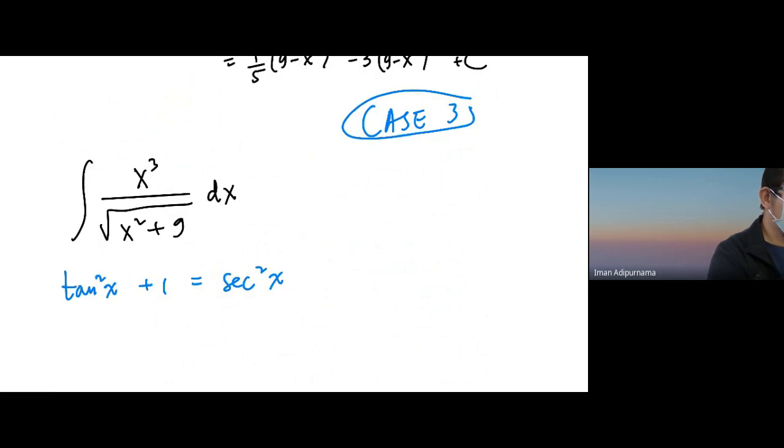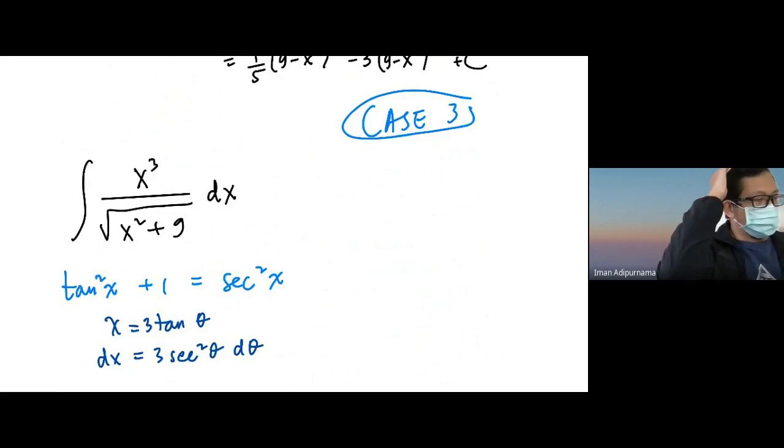So if we let x be a tangent, in this case we need 3 tangent theta because of the constant 9, right? So dx will be 3 secant squared theta d theta. This will be our dx.